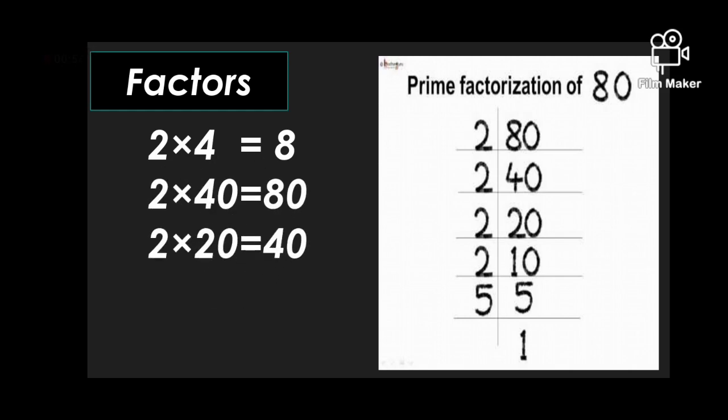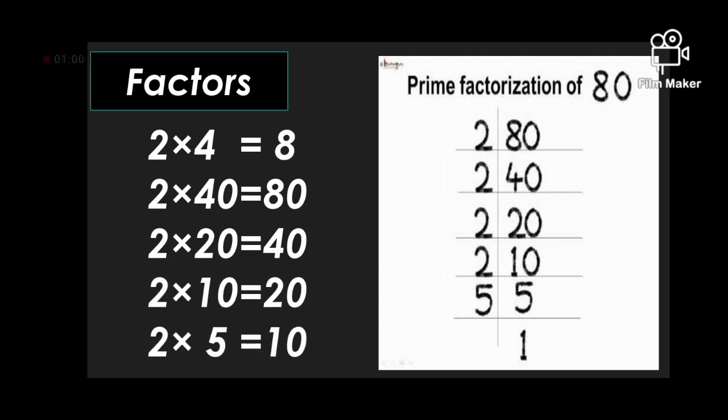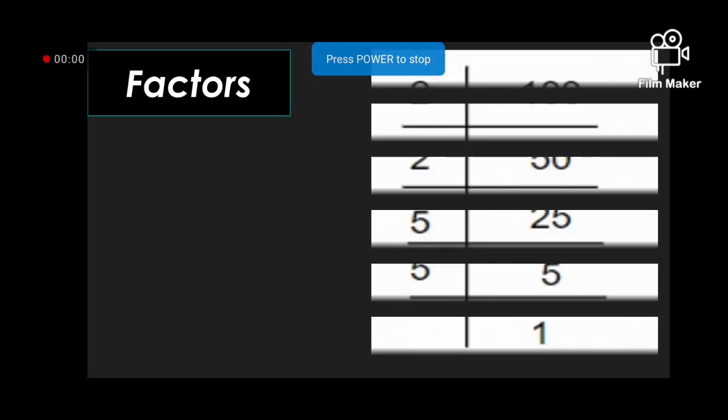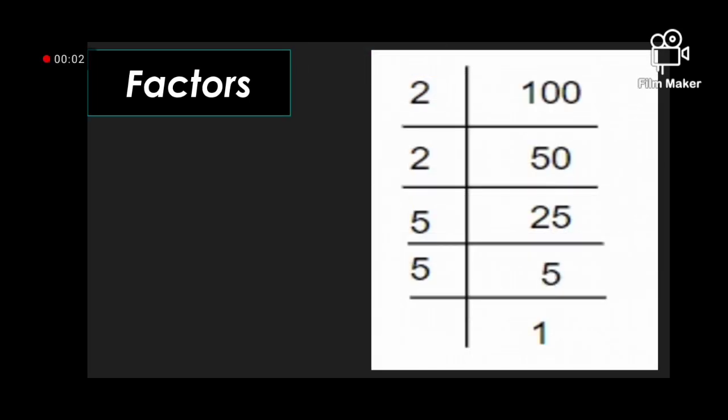Then 2 20s are 40, 2 10s are 20 and 2 5s are 10. So the prime factors of 80 are 2 multiplied by 2 multiplied by 2 multiplied by 2 and multiplied by 5. Now let's find the prime factors of 100.